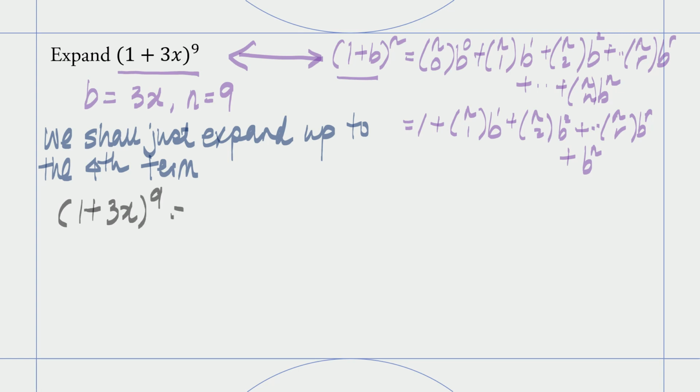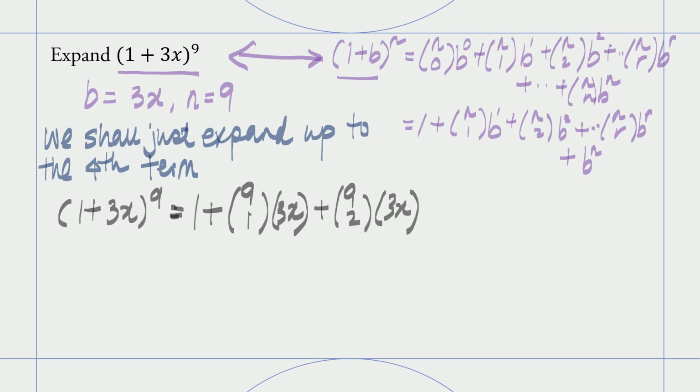Right, so the first term is 9C1. Your b is substituted with 3x, so bracket 3x, followed by 9C2, bracket 3x, open bracket 3x, close bracket to the power of 2.